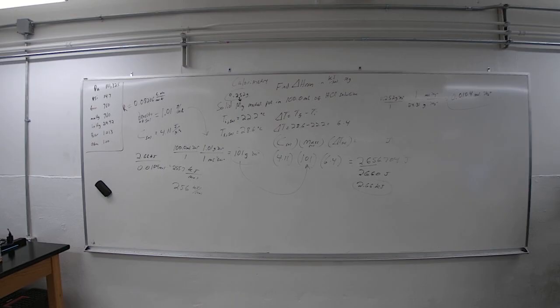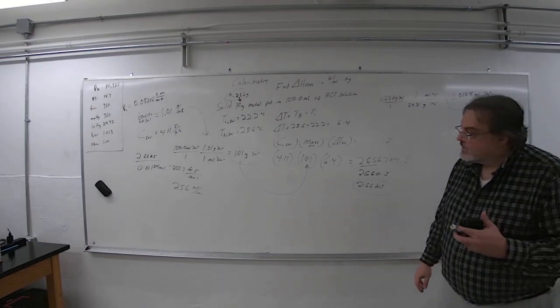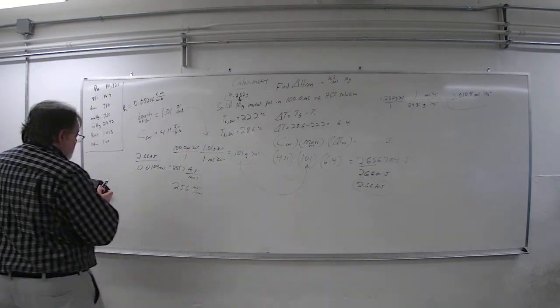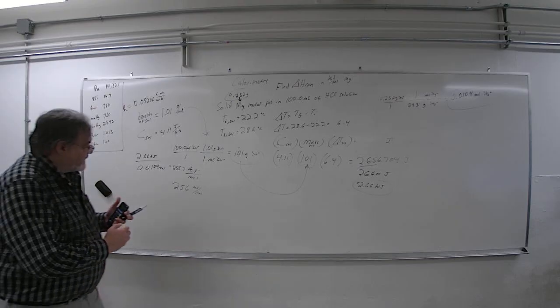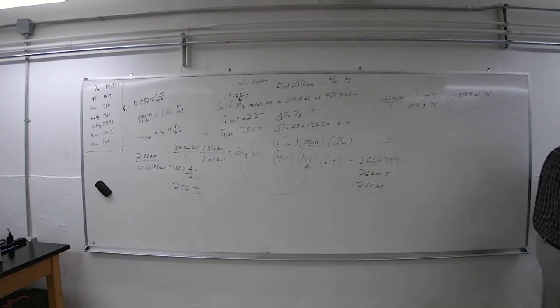The fact that it's exothermic tells you that it's negative. 2.66 divided by 0.0104 is 256. Yeah, negative 256. How is it negative?